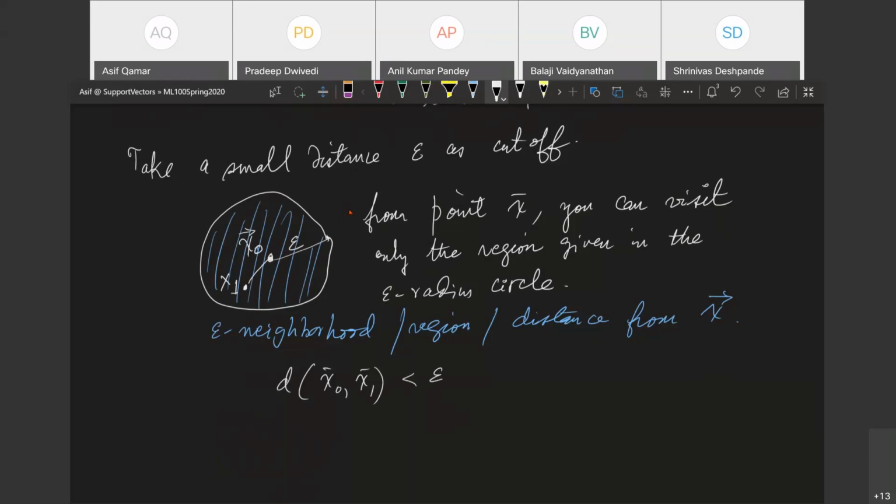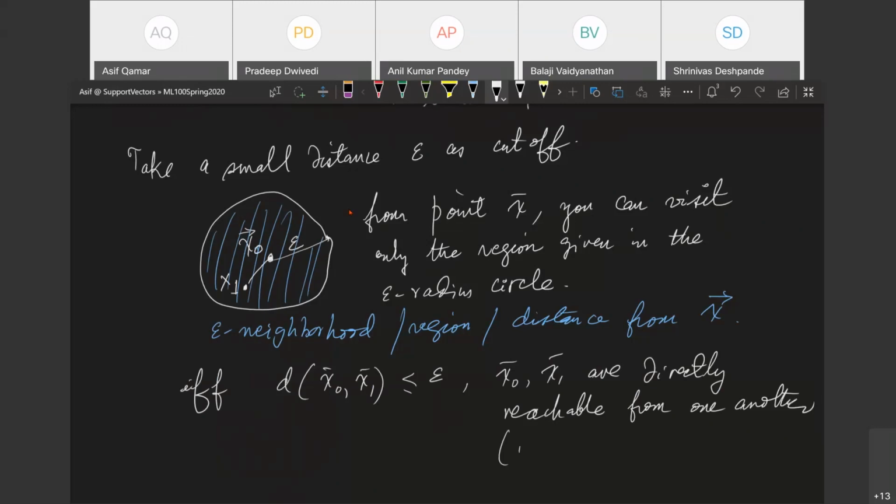Would you agree? Yes. So if and only if this is true, we say X0 and X1 are direct neighbors, directly reachable from one another.